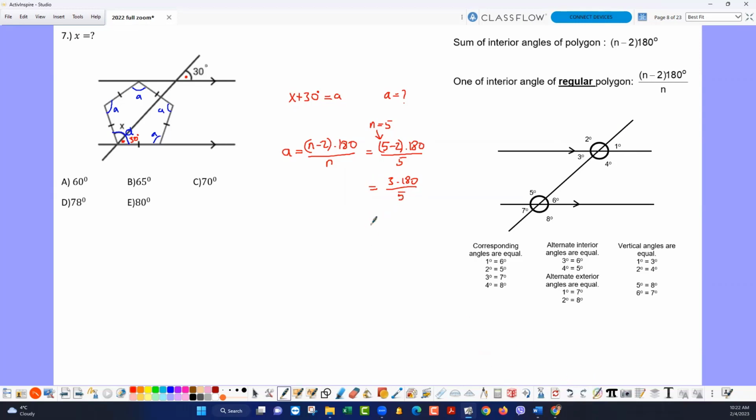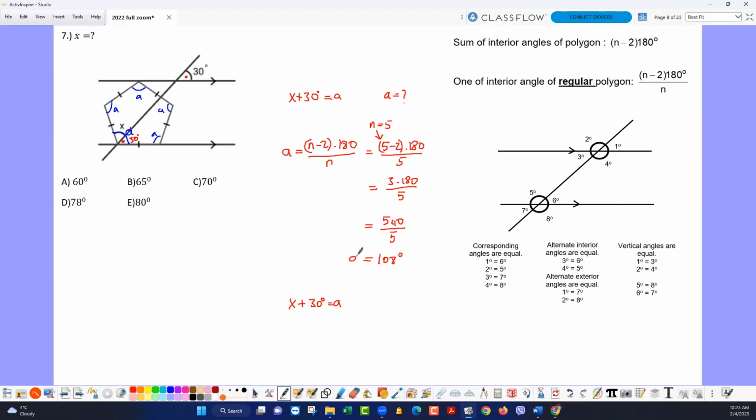3 times 180 is 540, and 540 over 5 is equal to 108. So the measurement of A is equal to 108. So x plus 30 was equal to A, which is equal to 108.